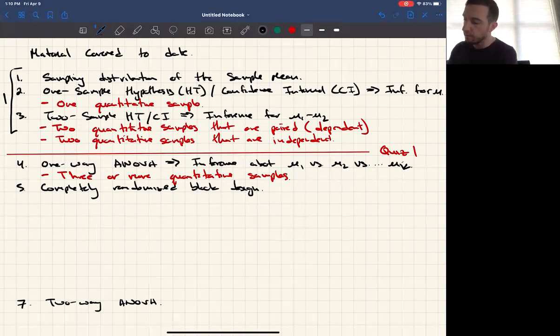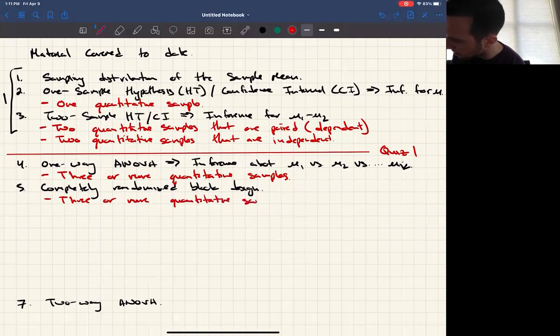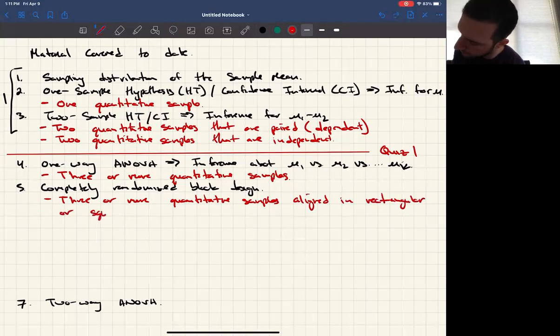Okay, in lecture set number 6, we talked about block designs. Now, what's tricky about this is block designs would also be 3 or more quantitative samples, but they're aligned in a rectangular or square design.